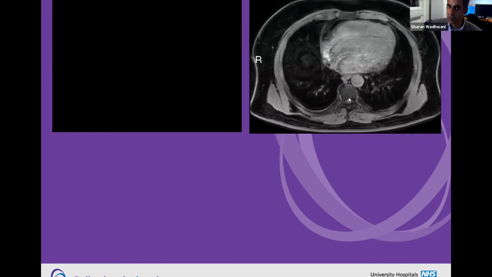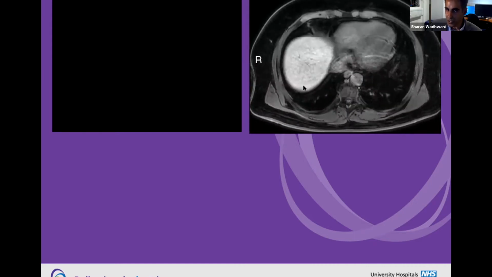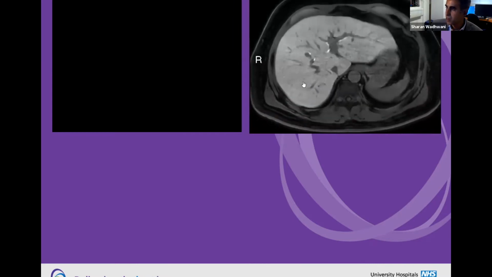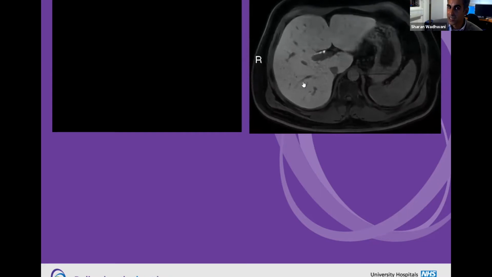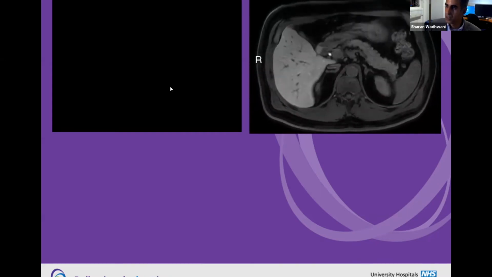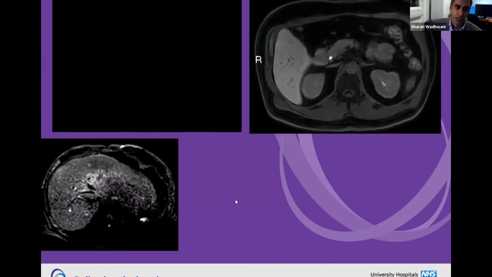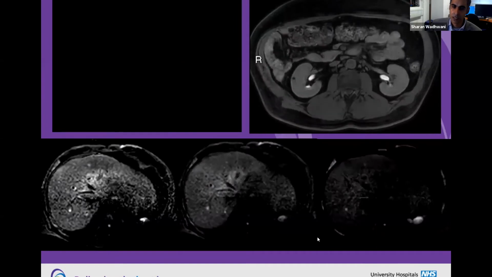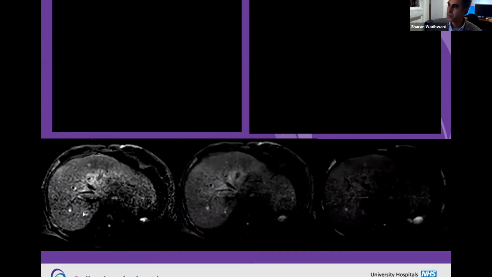Any other lesion that doesn't arise from the liver will look black. And if I point you in the direction, you'll see that somewhere around here, there's a tiny lesion, which you can then see. Without going back over those previous sequences, you can't see it on the previous. Now, looking at the diffusion, this is a low B value, this is a medium, and this is a high. It's there on all of them, okay?